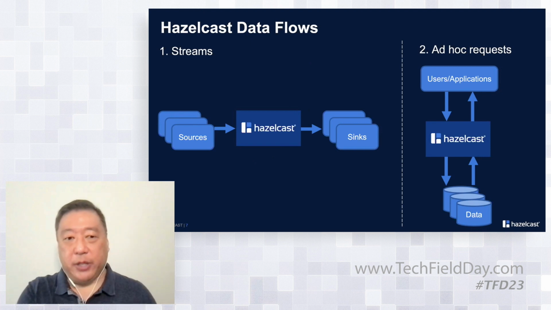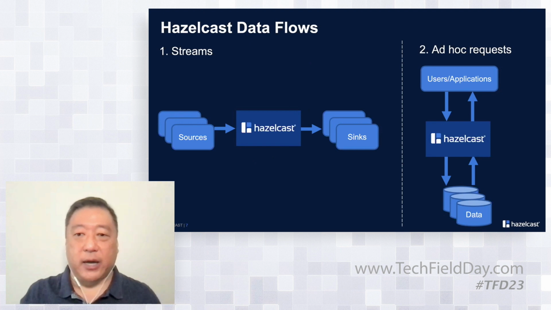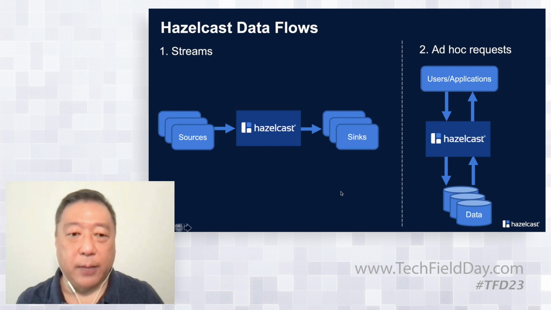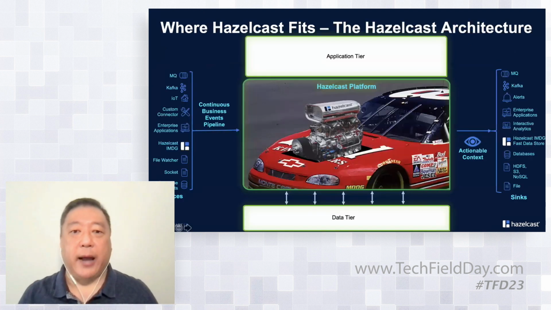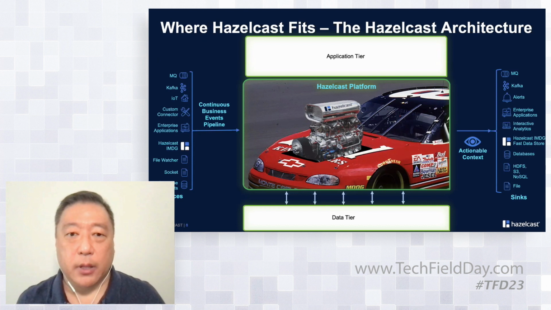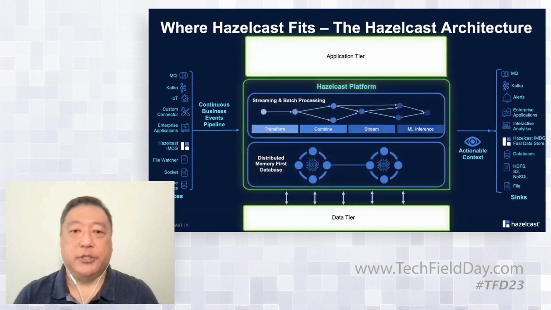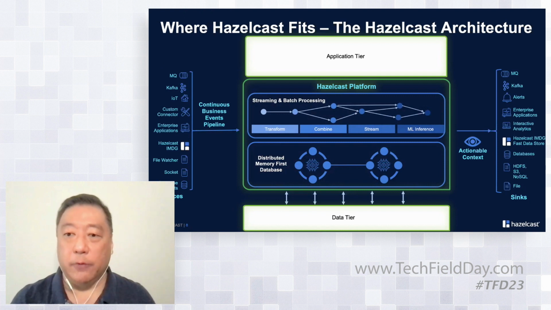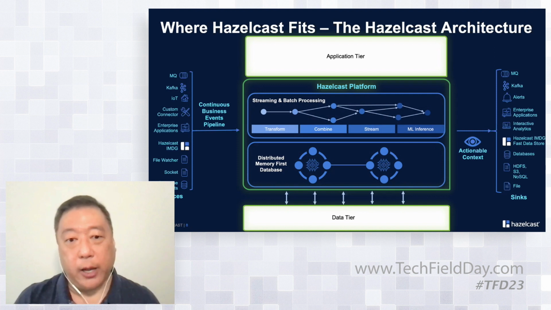I intentionally oriented these horizontally and vertically to line up with our diagram here, and you'll see the streams going horizontally, and then the ad hoc requests going vertically. Within the Hazelcast platform, we have the two components of streaming and in-memory that you saw in the earlier elevator pitch slide.